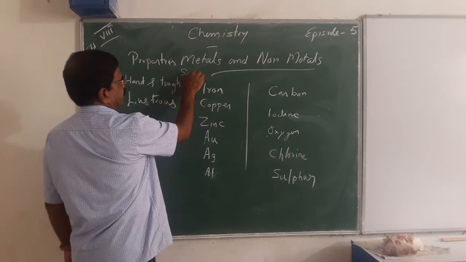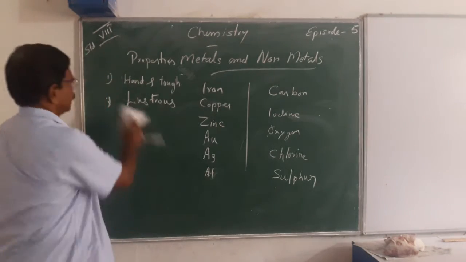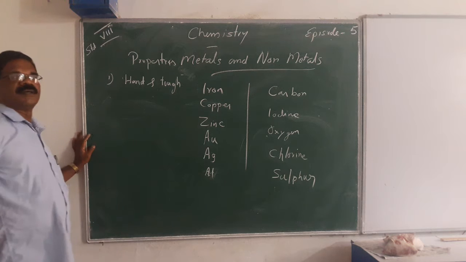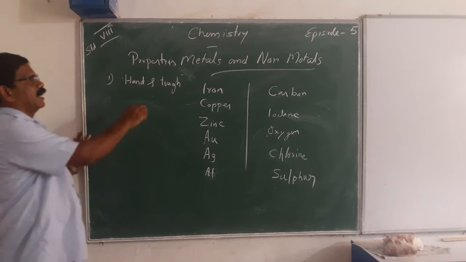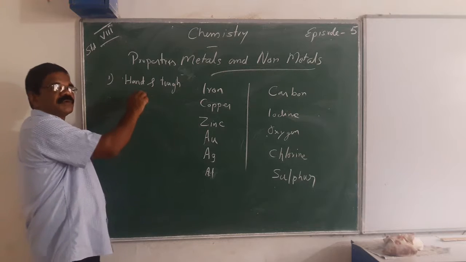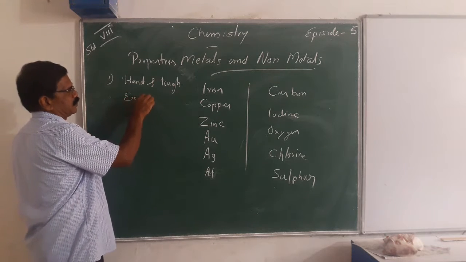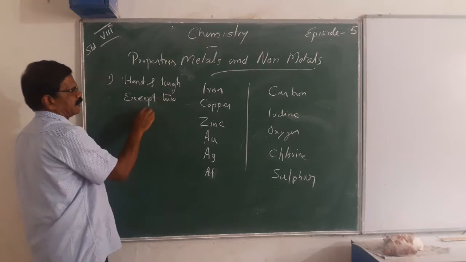You must remember these names. Out of more than 86 metals, all are hard and tough except these two, sodium and potassium.